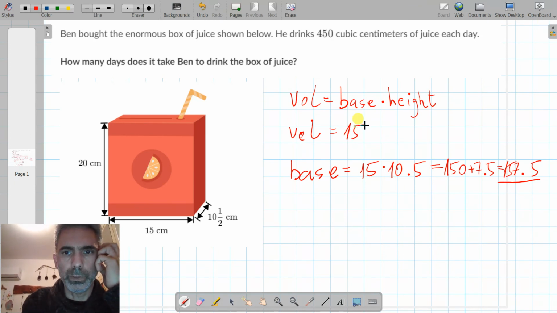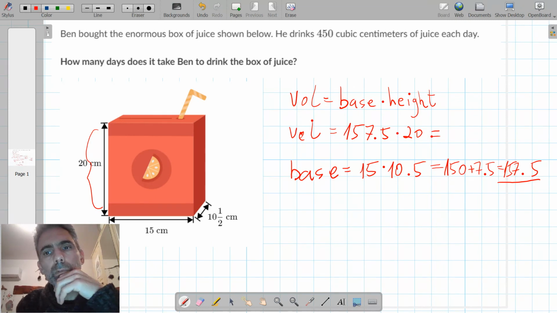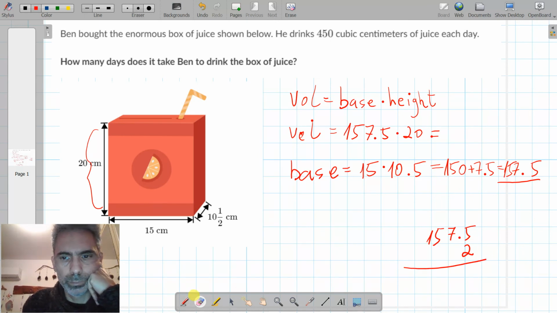Okay, 157.5 times the height. This is the height, 20. So the volume is, let's see, 157.5 times 2. 2 times 5 is 10, 2 times 7 is 14, plus 1 is 15, 2 times 5 is 10, plus 1 is 11, 2 times 1 is 2, plus 1 is 3.